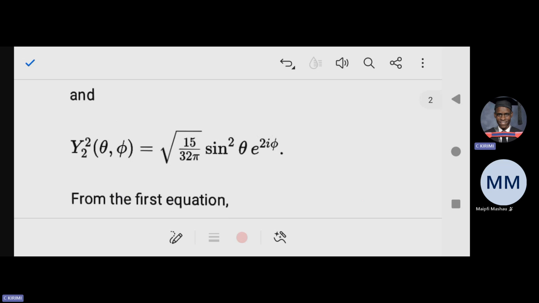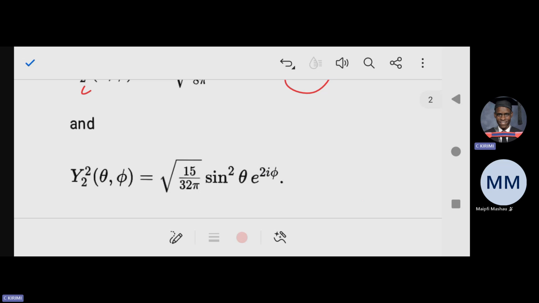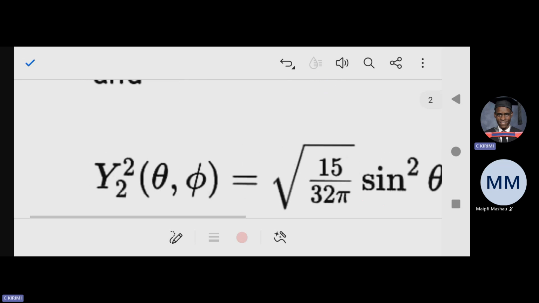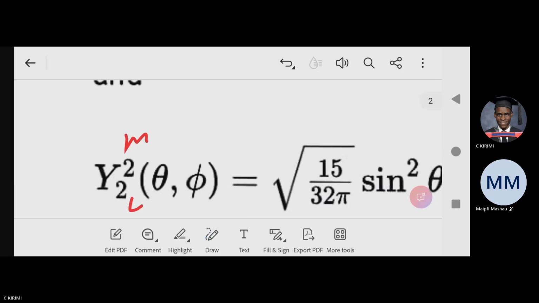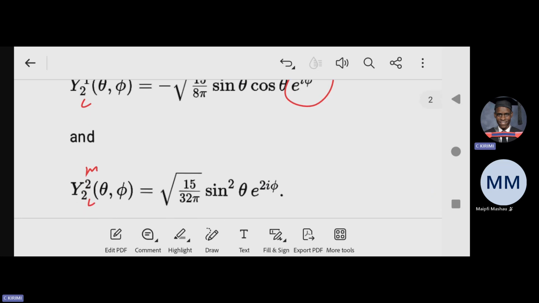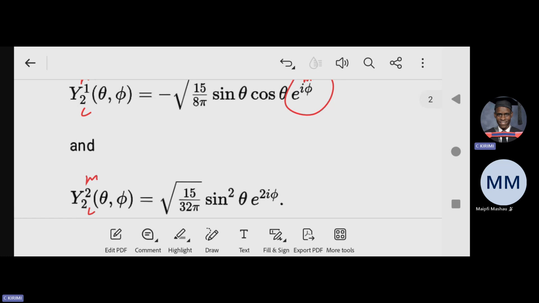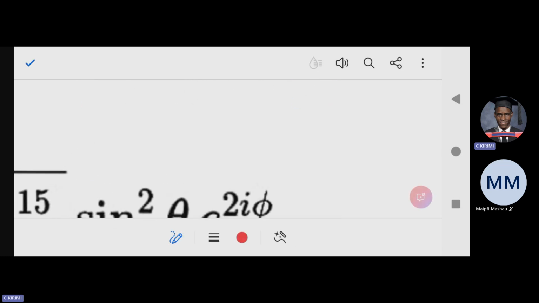For example, if you have the spherical harmonics Y_22, now the quantum numbers, this one is m and we have l. Now your m is 2. If m is 2, now we have a different spherical harmonics because this m is now a 2.